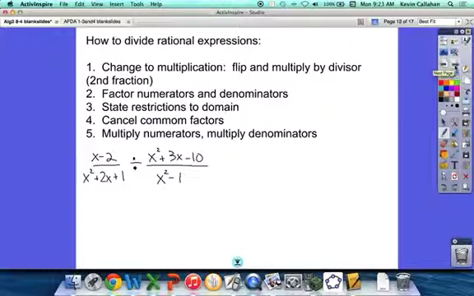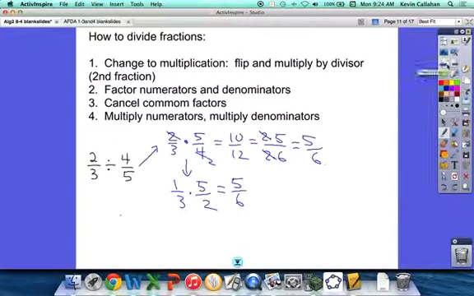Okay. So again, what's the one step that we always had to add? Every time we moved from doing these things with fractions to doing them with rational expressions, we had to worry about restrictions, right?